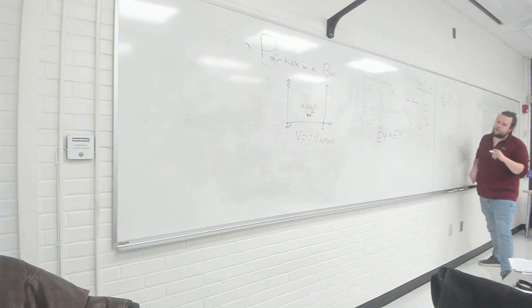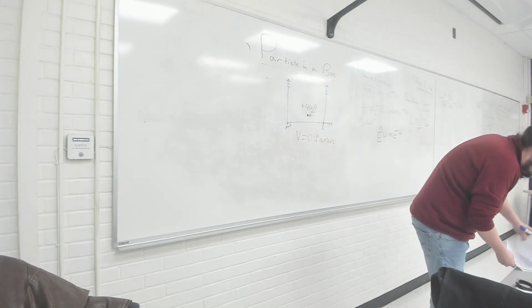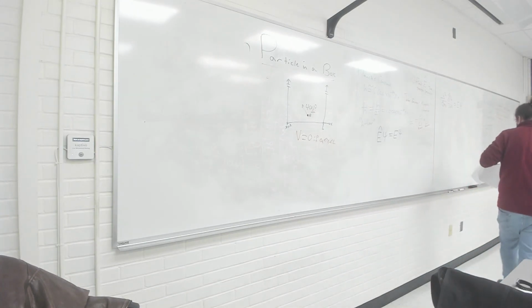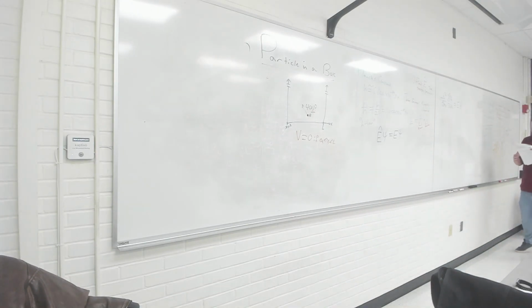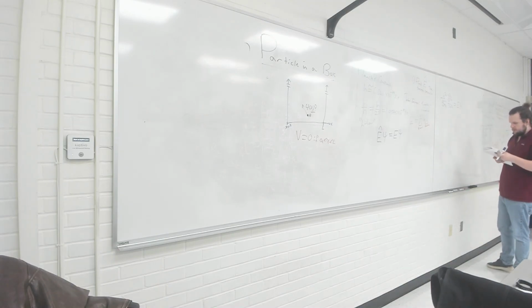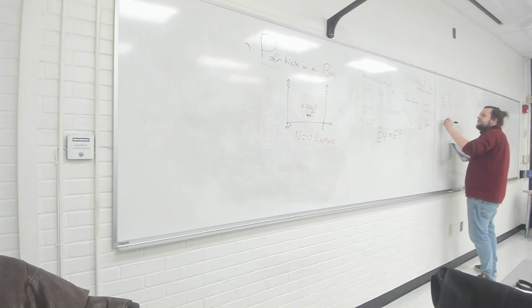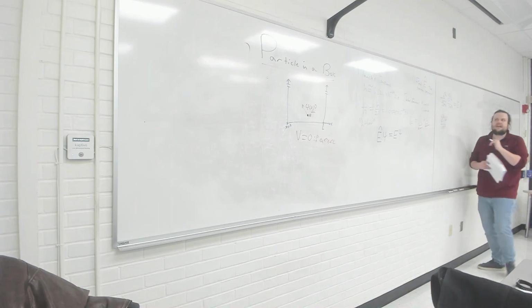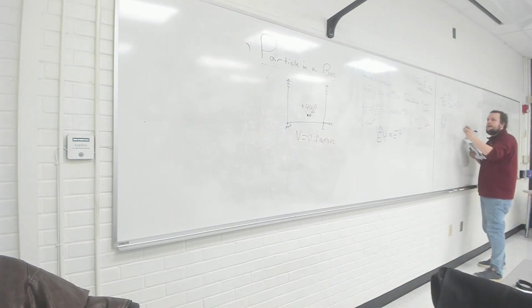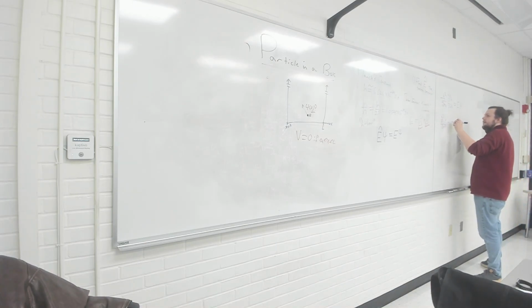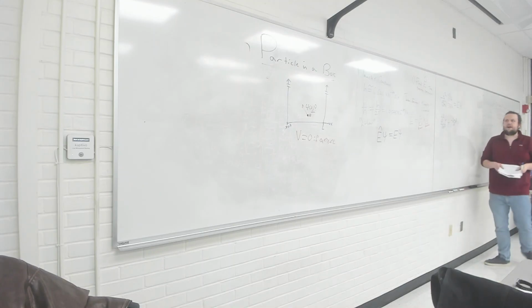Let's rearrange it a little bit. Let me make sure I have my math right here. You just do a little bit of algebra, and what you get is that the second derivative of some wave function gives back this 2m_e over h bar squared number times the wave function itself.